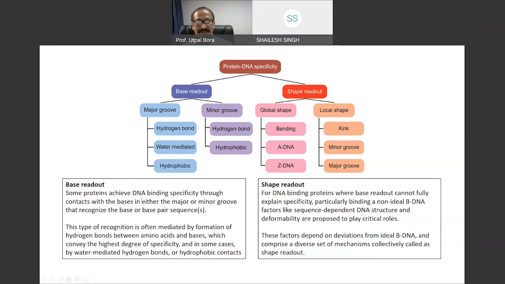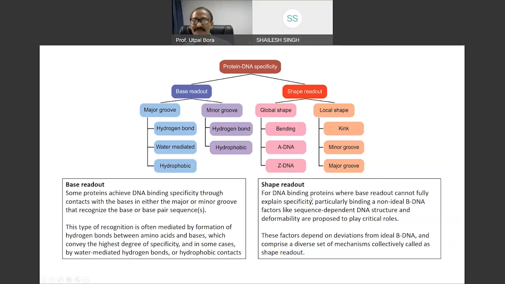Some proteins achieve DNA binding specificity through contacts with the bases in either the major or minor groove that recognize the base or base pair sequences. This type of recognition is often mediated by formation of hydrogen bonds between amino acids and bases, which convey the highest degree of specificity, and in some cases by water-mediated hydrogen bonds or hydrophobic contacts. In the case of shape readout, for DNA binding proteins where base readout cannot fully explain specificity, some of the proteins do not obey this base readout operating principle.